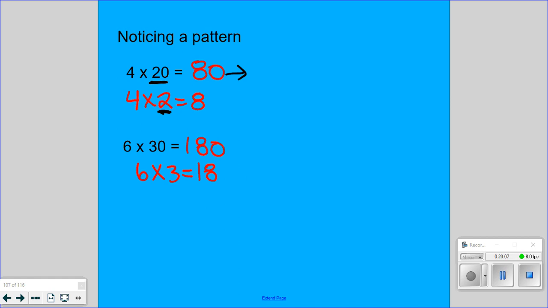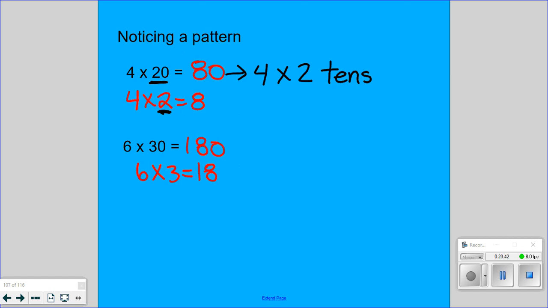Instead of 4 groups of 20, I'm going to say 4 groups of 2 tens. Is 2 tens the same value as 20? Yes. Does that look the same? No. Nope, but same value, right? 20 is worth the same as 2 tens. Yes?